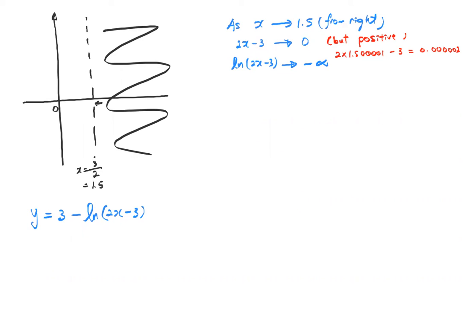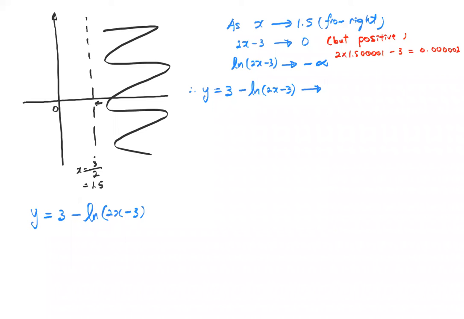So therefore, my y, which is 3 minus ln(2x minus 3), will tend toward positive infinity.